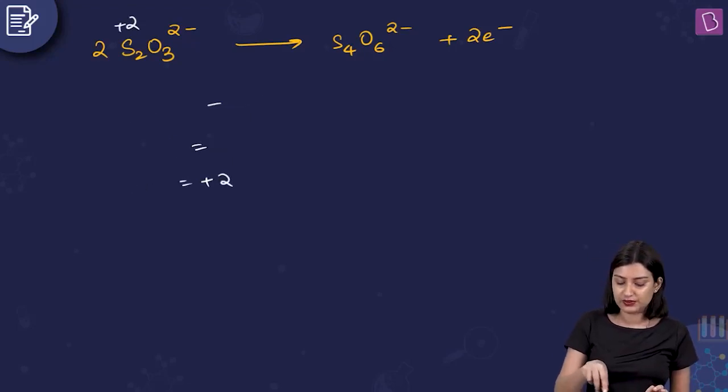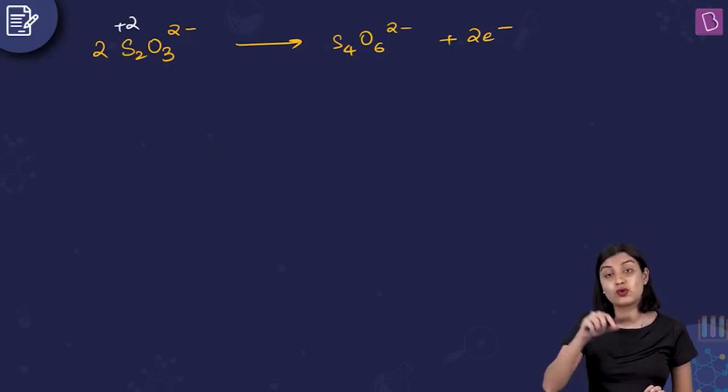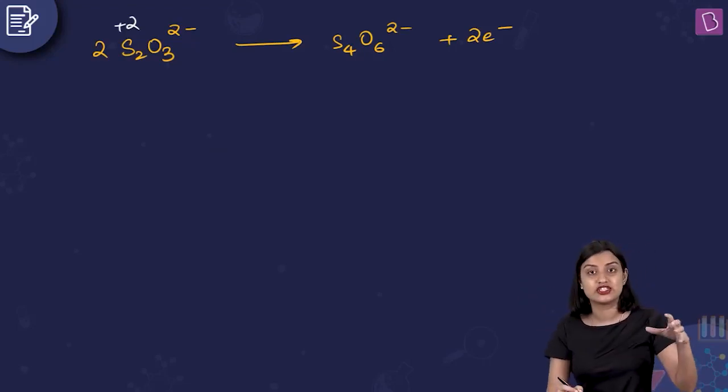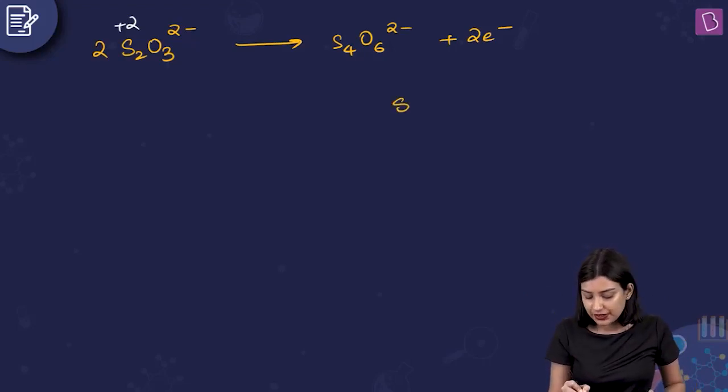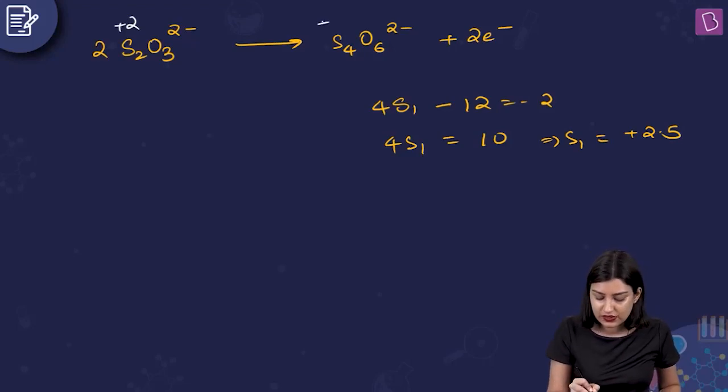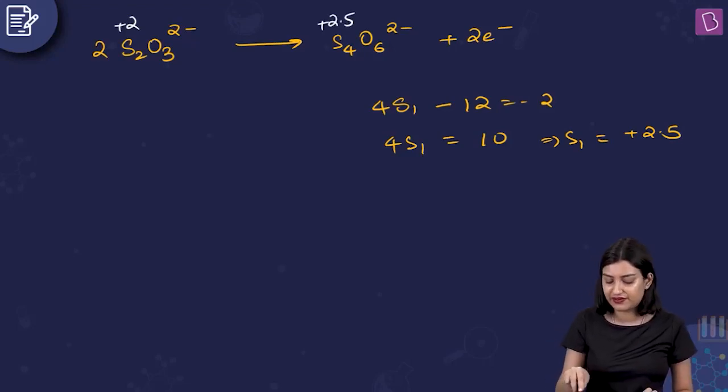Then we have to find out similarly for sulfur in S4O6 2-. Let's say sulfur is in the oxidation state of S1. So 4S1 minus 12 is equal to minus 2, which means 4S1 is equal to 10, or S1 is equal to plus 2.5. So here sulfur is in the oxidation state of plus 2.5.